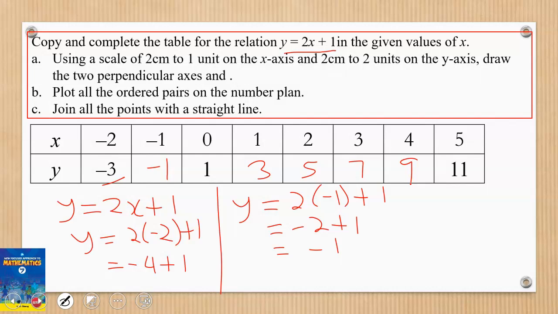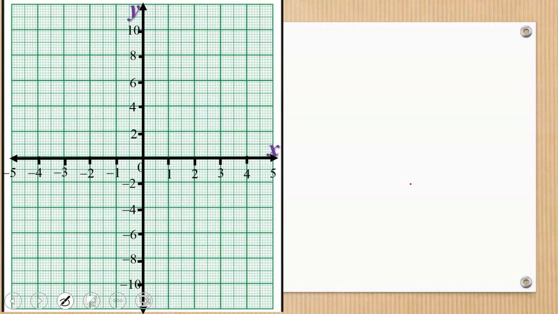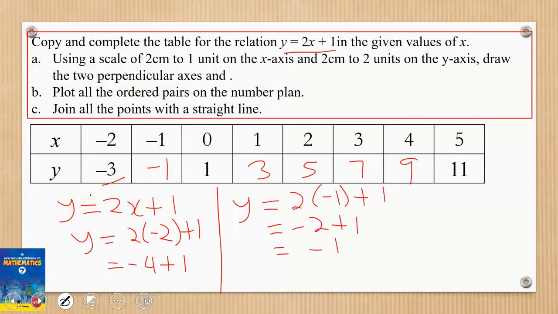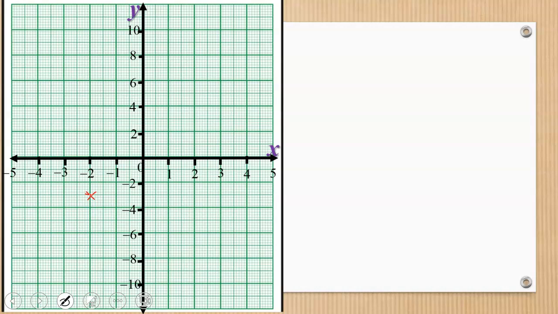Okay, so now we want to plot these points. When x is -2, y is -3. So -2, -3 will give us somewhere here, right? Then -1, -1. Remember the scale, so it will be somewhere here.